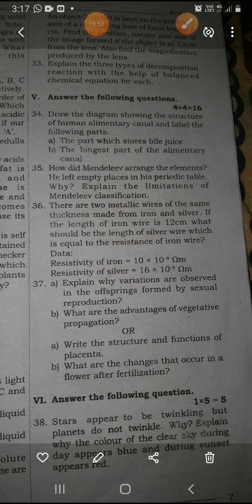And then the elements were arranged satisfactorily by the scientist called Mendeleev.